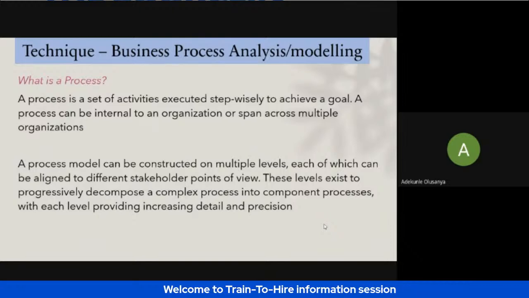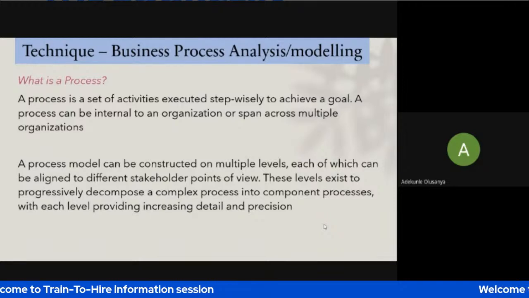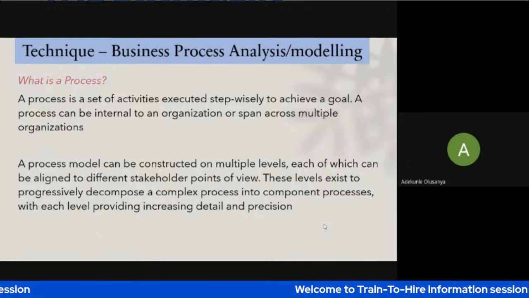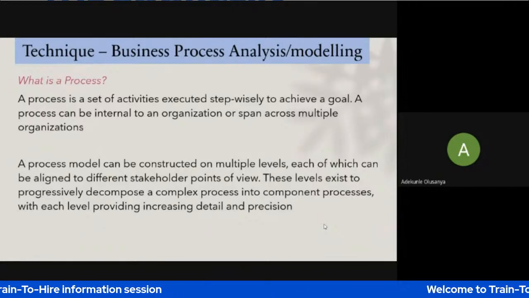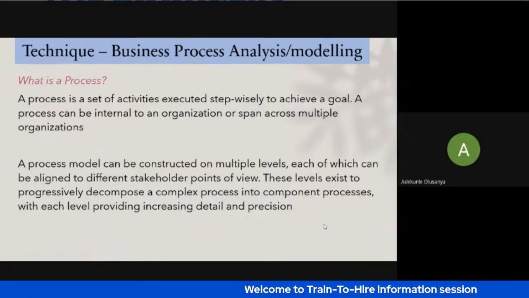Now, let me say this. There are people that work as business analysts and they work with processes mainly. They're called business process analysts. There are a lot of people who do that in Nigeria. They work basically with business processes.